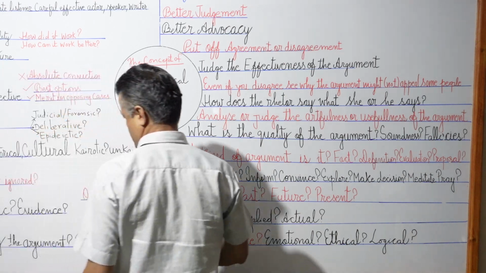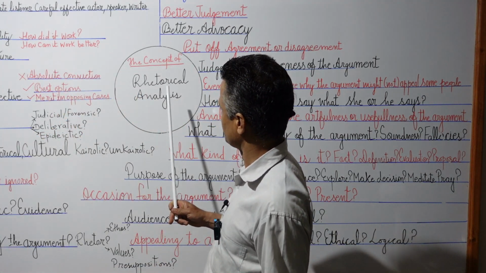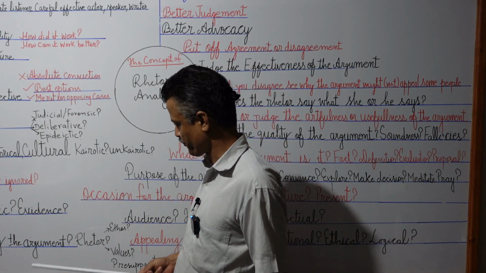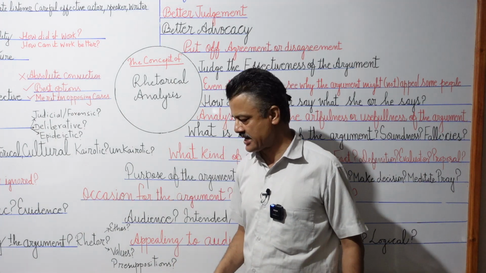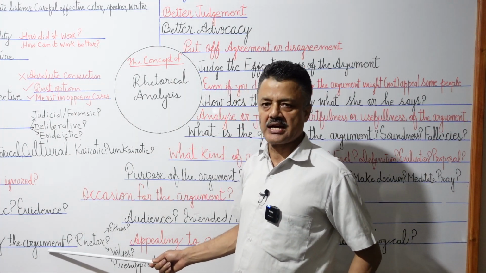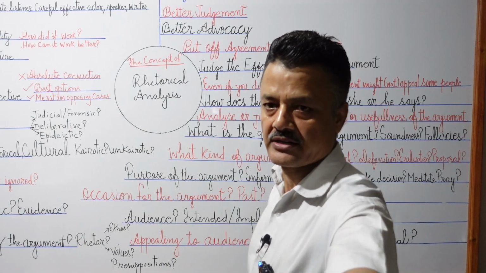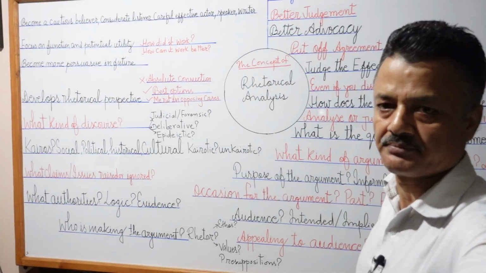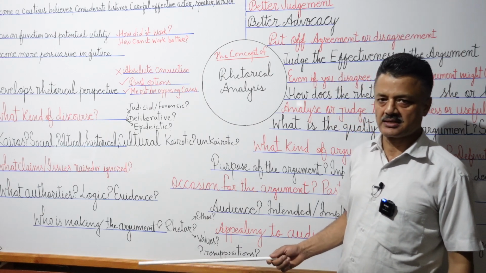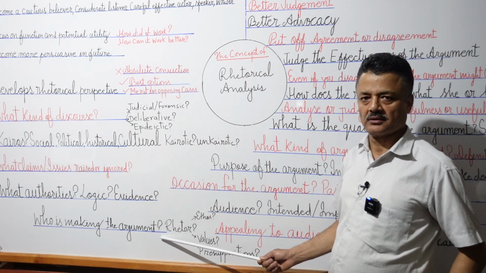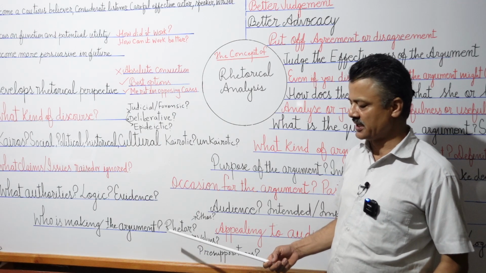Now we move to the next point of rhetorical analysis, that is, who is making the argument? Here we try to understand the writer's background, the writer's qualification, for example. What is the writer's qualification? What is the writer's credibility?